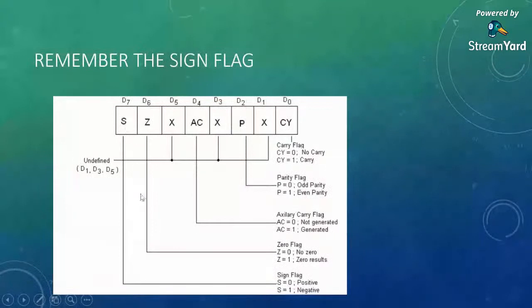We have the sign flag. The sign flag indicates whether the result of the arithmetic logic unit is positive or negative.